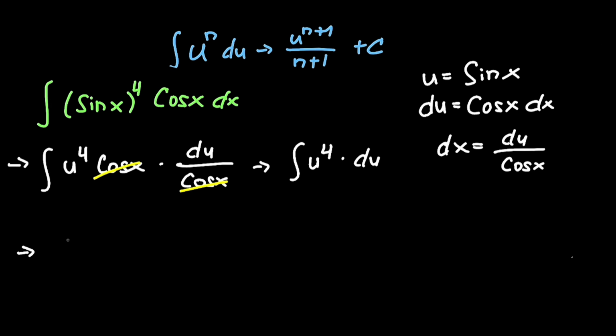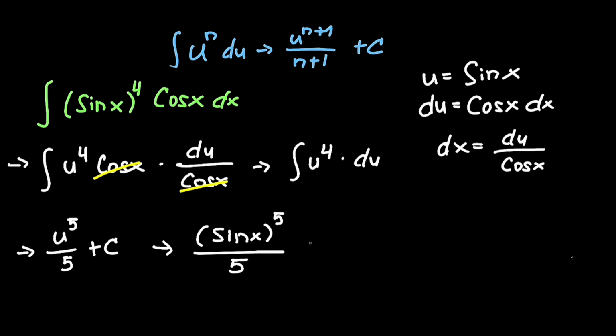The integral of u raised to the power 4 would be u raised to the power 5 over 5 plus c. So the final answer would be, u here is sine of x, raised to the power of 5 over 5 plus c, or 1 over 5 multiplied by sine of x raised to the power 5 plus c.